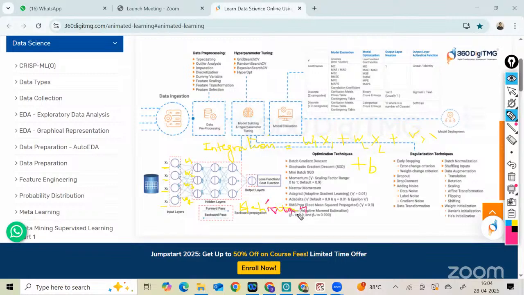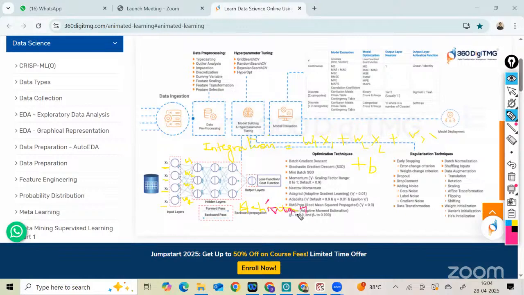There are two functions in this. Wherever we are doing a forward pass, we have all the inputs and the weights associated with them, and at last we have the integration function and the activation function.